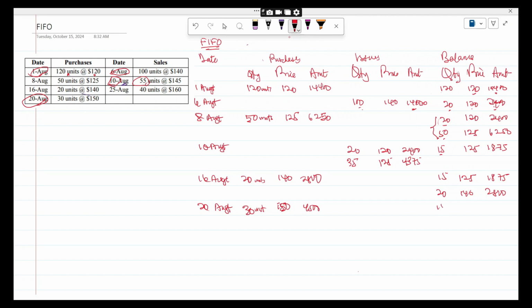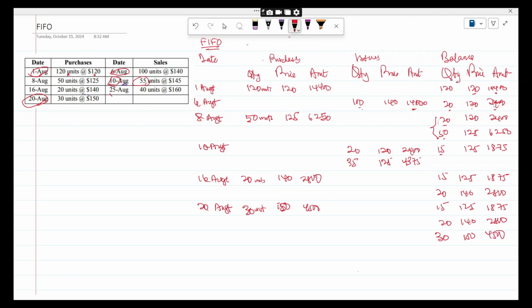So we go and add 15 at 125, 1,875; 20 at 140, 2,800; then 30 at 150, giving us 4,500.